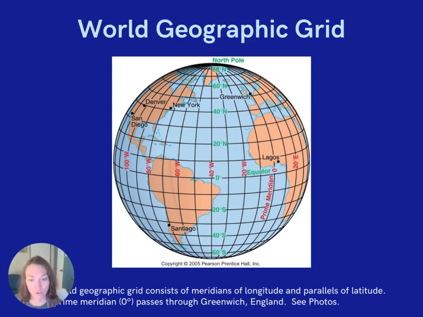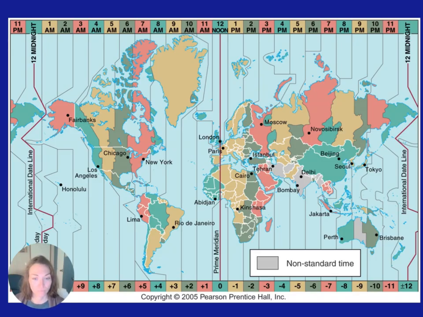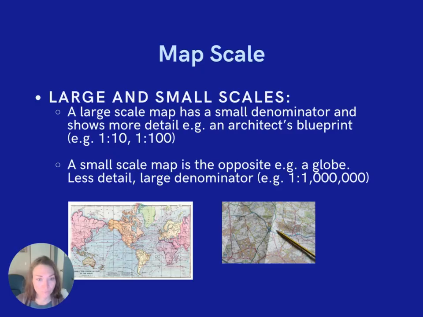That's how you can remember where that one is. You'll also see that Mercator projection, it's a square, depicting some standard time zones. And another important function of the prime meridian is being a part of that as well.